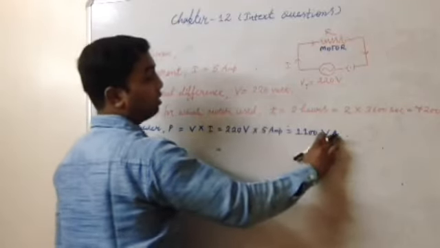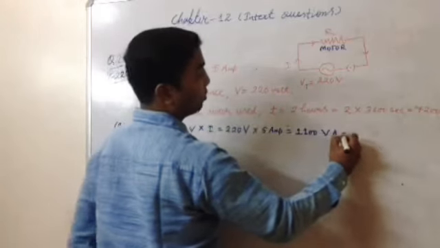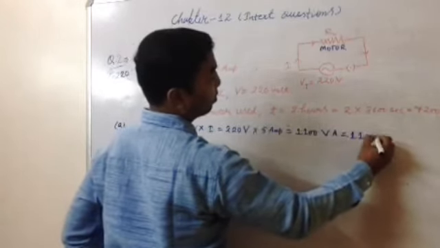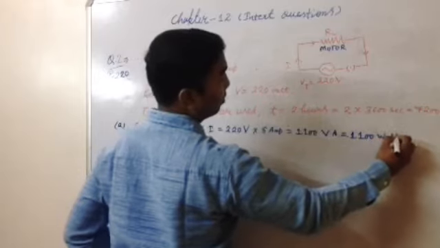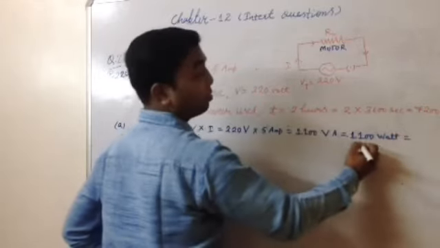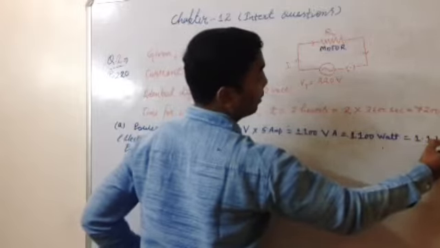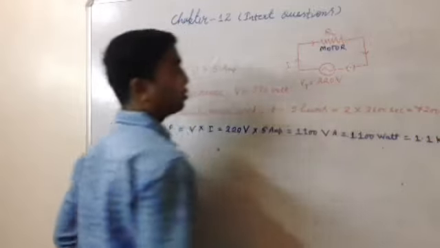Volt and ampere is called watt. So this would become 1100 watt. You can write 1.1 kilowatt. So is this clear?